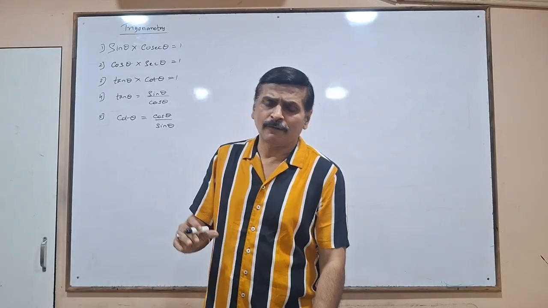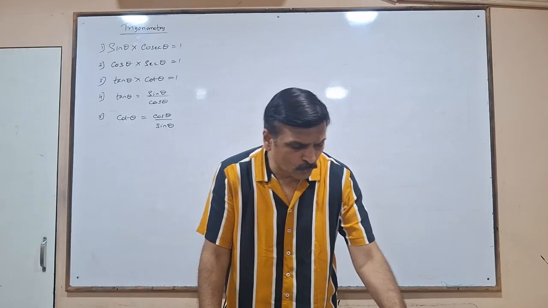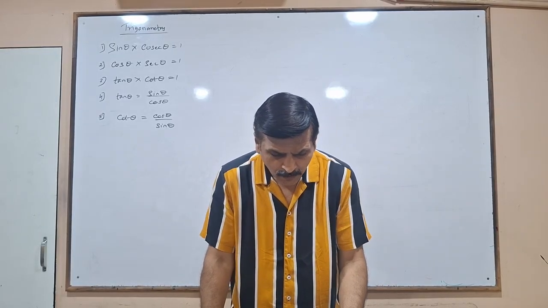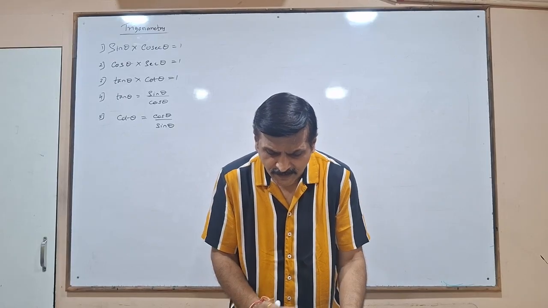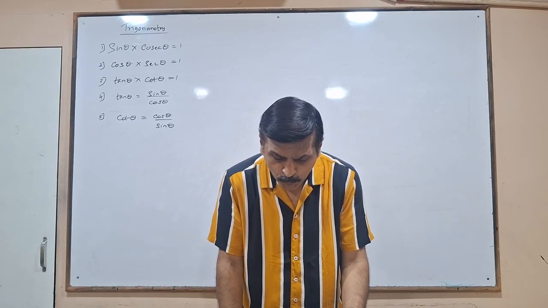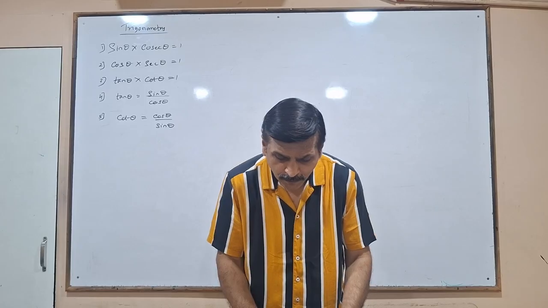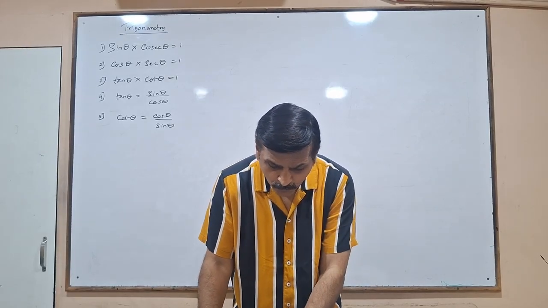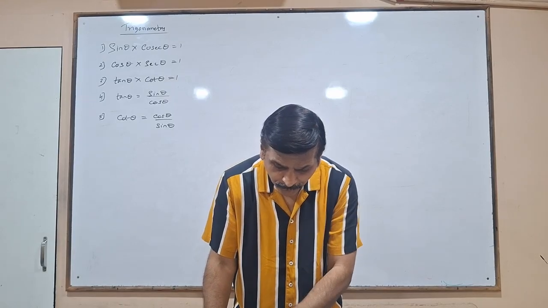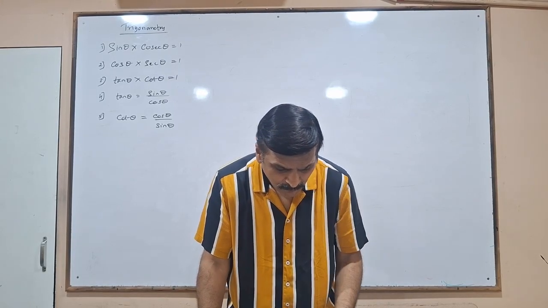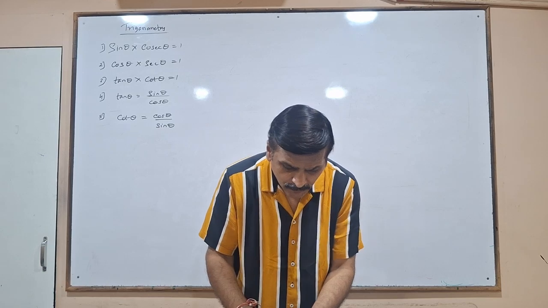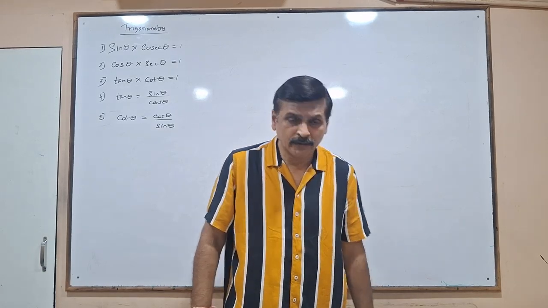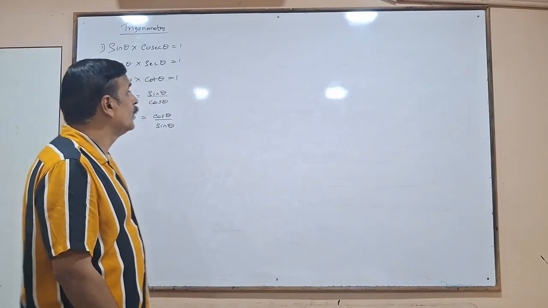But if at all you go through the table, you will come to know that by just reversing, taking the reciprocal of those values, you will get values of the remaining three ratios. So, to start with, as discussed, let us come to the first exercise of the textbook.